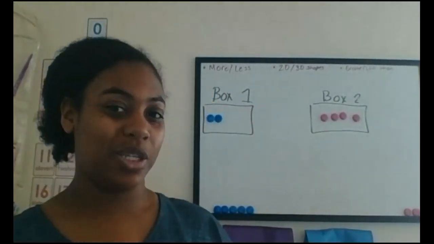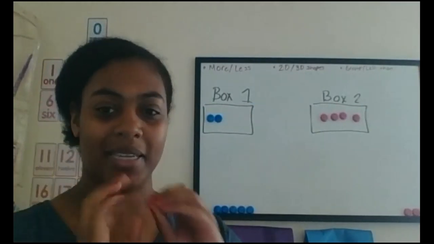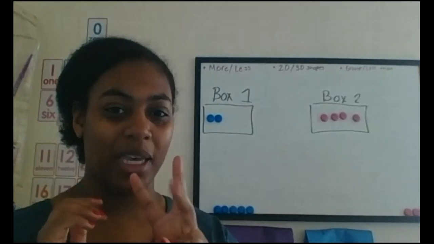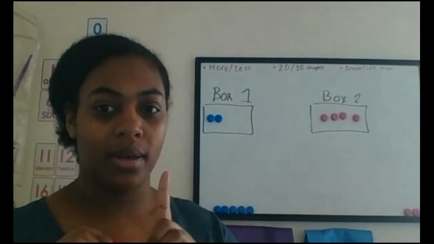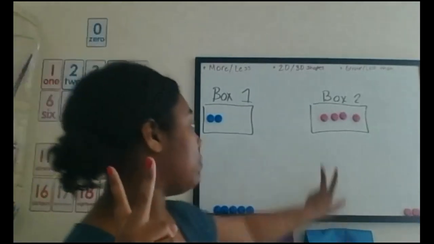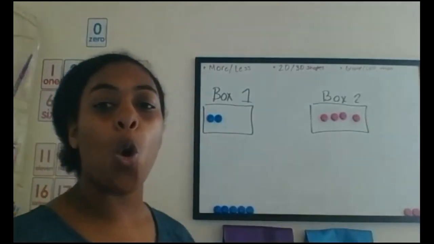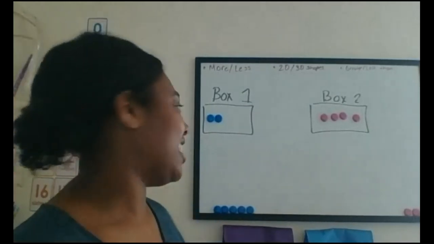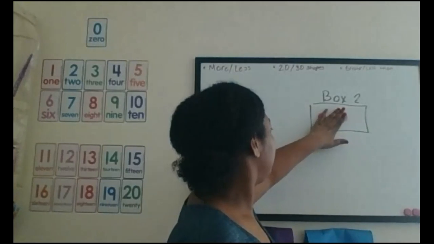If you think it's box 2, you hold up 2 fingers. Show me in 3, 2, 1. You should be holding up 2 fingers because box 2 has more magnets. Say more. Excellent. Let's do another problem.